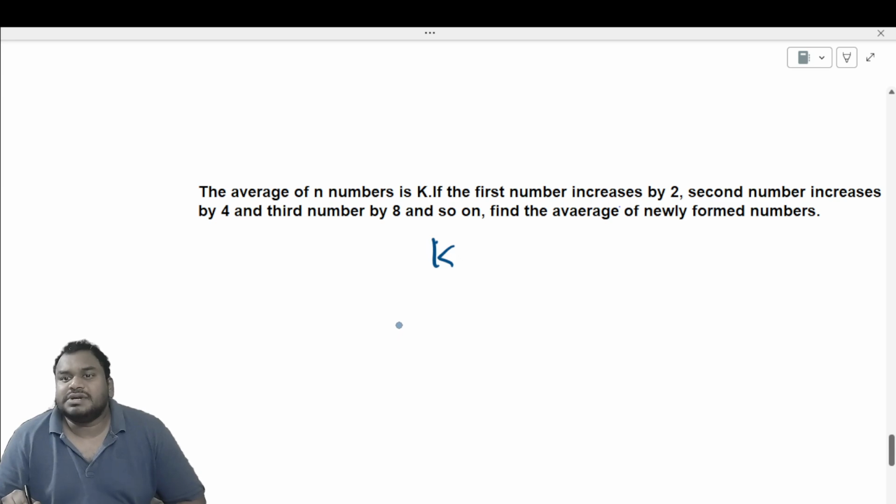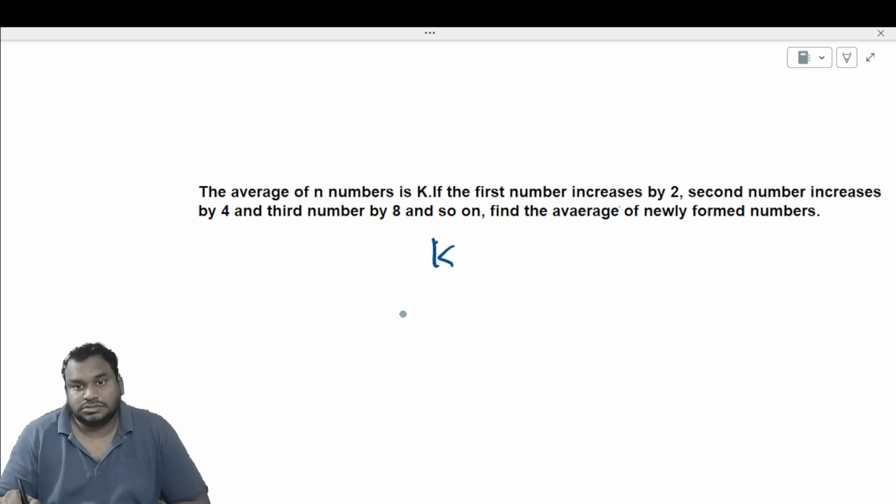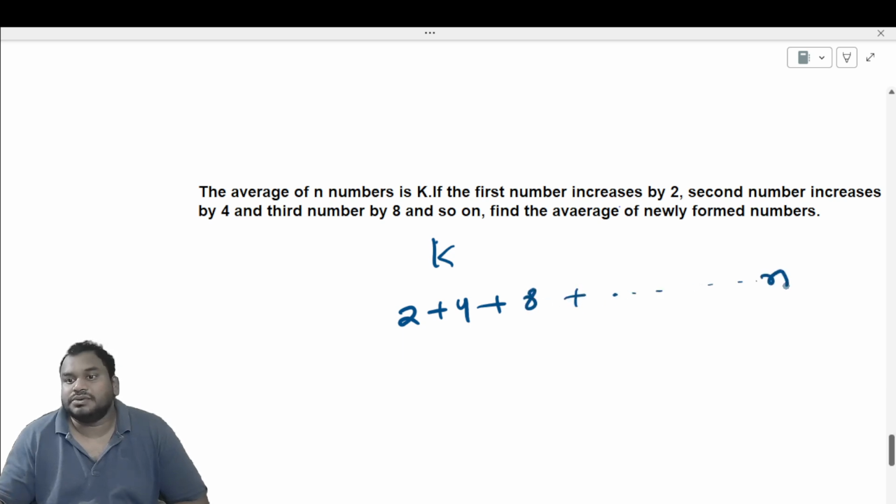If the first number increases by 2, second number increases by 4, third number by 8, like that it will increase up to n numbers.